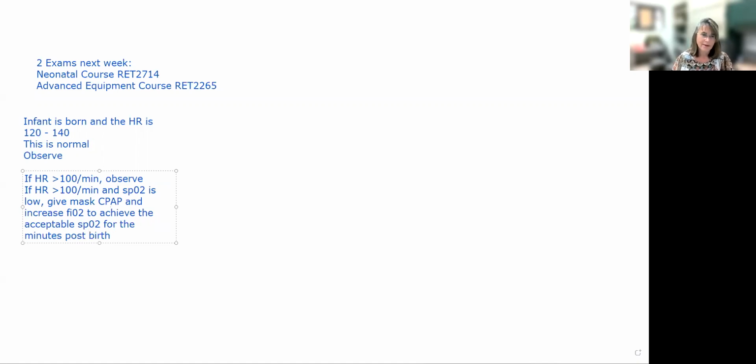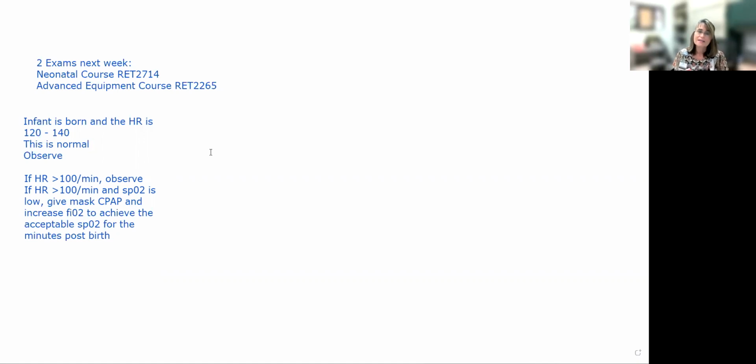All right, let's see if it made sense. So heart rate greater than 100 per minute is considered acceptable. So unless it gives you any other clues that you might need to give oxygen, then having a heart rate greater than 100, you don't have to do anything.